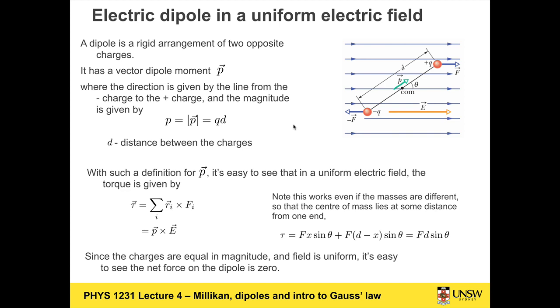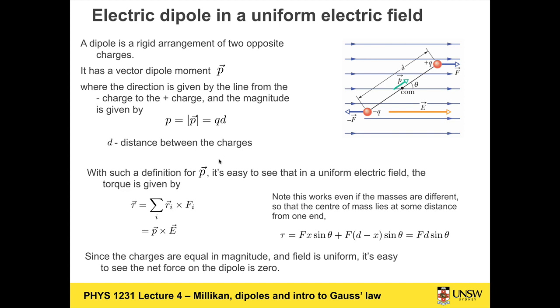And we showed that the magnitude of the dipole moment was q times the distance. So it had units charge times distance. And for this very simple example, it's just the magnitude of the charge of each charge, which is equal in this example, times the distance. And with this definition, why do we define this dipole moment?